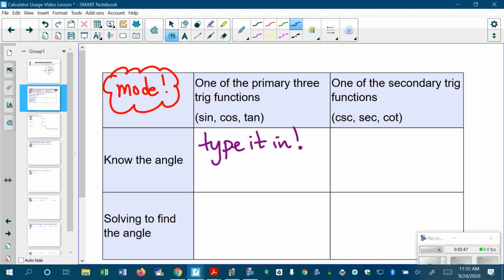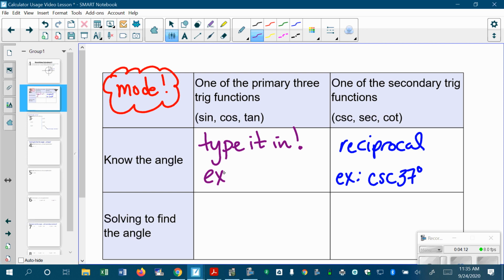If we know the angle, but it's one of the lesser known trig functions, we are going to use the idea of a reciprocal. So that would be, for example, if I had something like cosecant of 37 degrees. Now, I would love to just type that in, like the last category, right? The last category would be, for example, something like if I just had sine of 48 degrees, right?